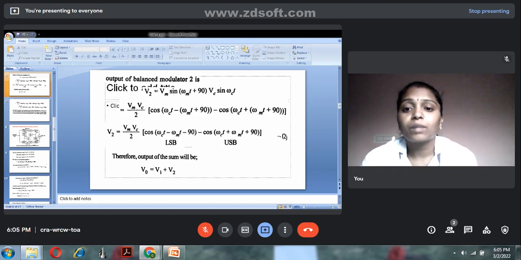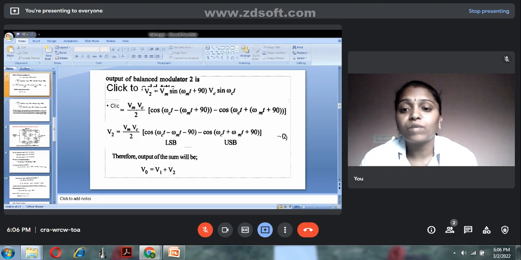So the message signal is 90 degree shifted, and the carrier signal is directly given to balanced modulator 2. So we can use the sin A sin B formula here. Vm Vc is a common constant that will be taken out, so Vm Vc divided by 2. The formula is 2 sin A sin B, so here 2 is not present, so we multiply and divide by 2.